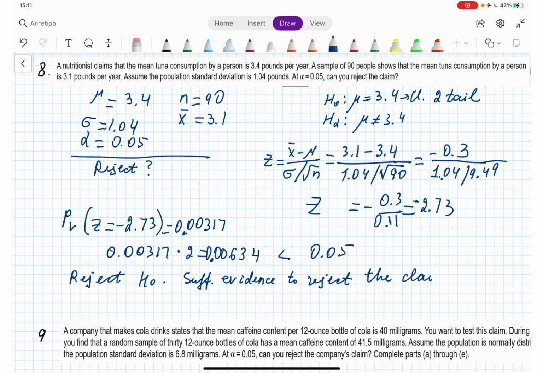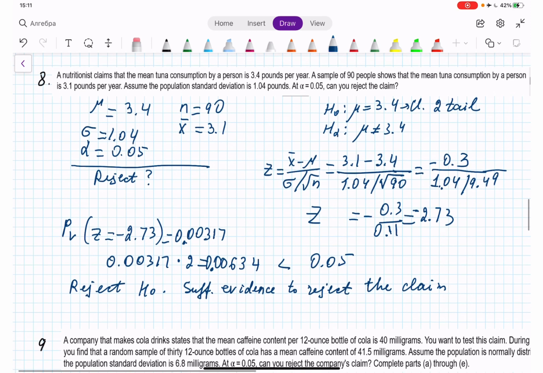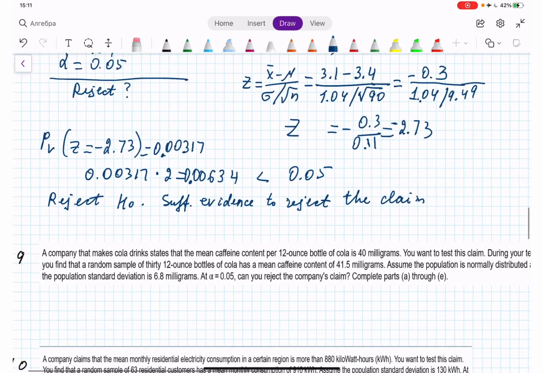And the claim is that the mean tuna consumption is 3.4 pounds per year. Okay, question number 9.